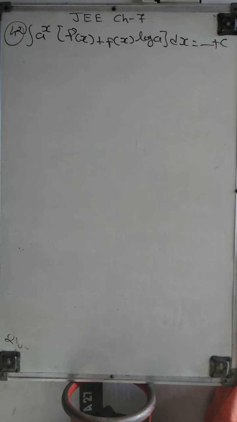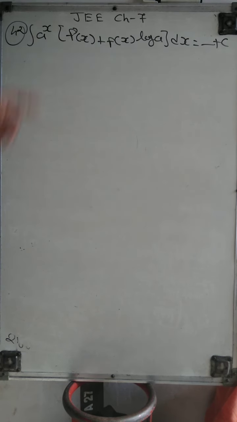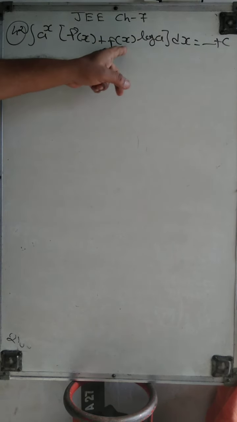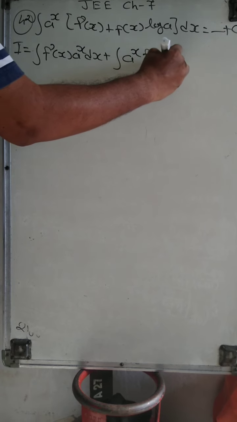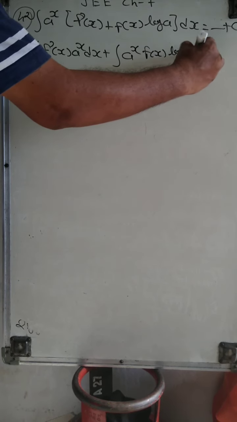Next sum 42. Integration a raised to x into f dash x plus fx log a dx equals what? So here first of all we separate the integration. I equals integration f dash x a raised to x dx plus integration a raised to x fx log a dx.